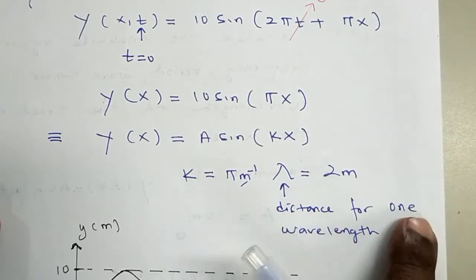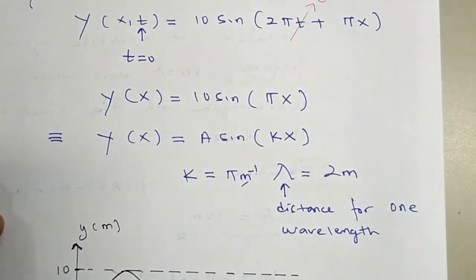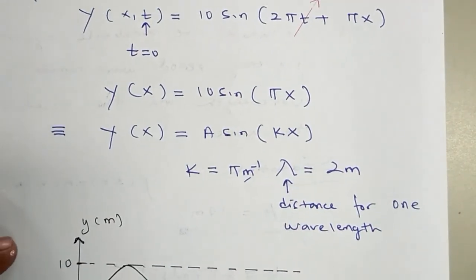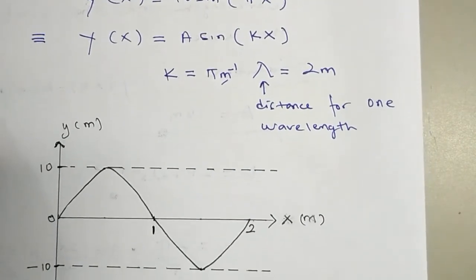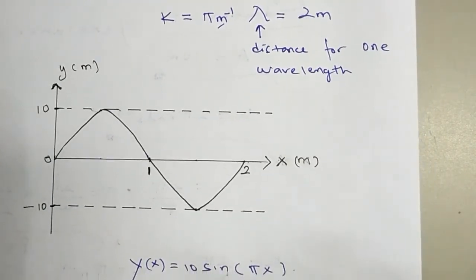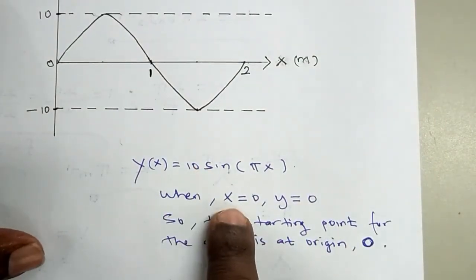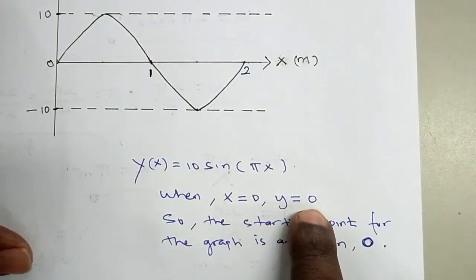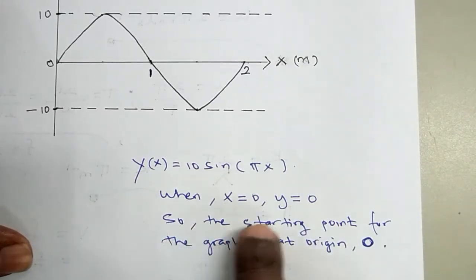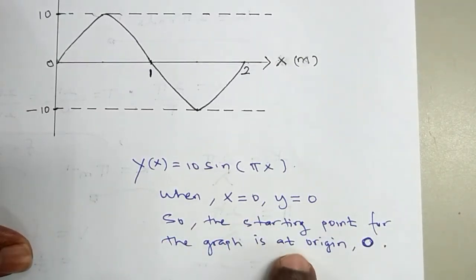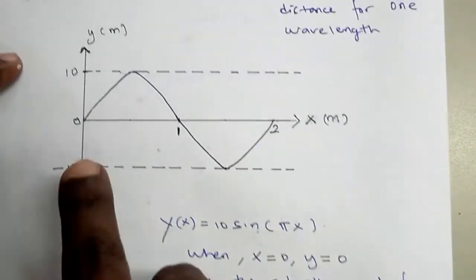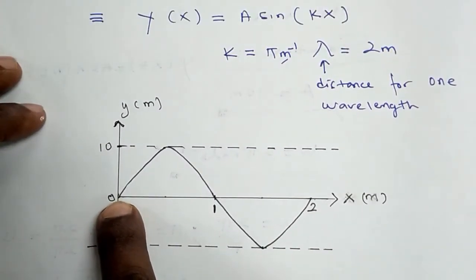Distance for one wavelength. Before we sketch the graph, we have to know the starting point of the graph. So from this equation, when x equals 0, y equals 0. So the starting point for the graph is at origin O. So this is the starting point of the graph.